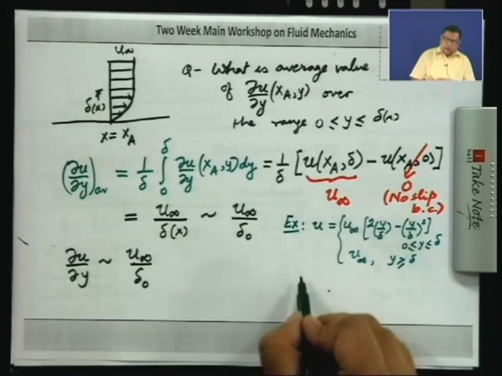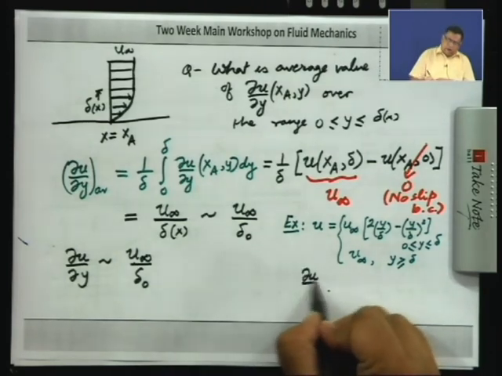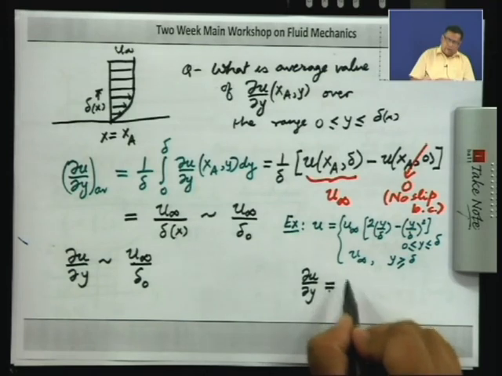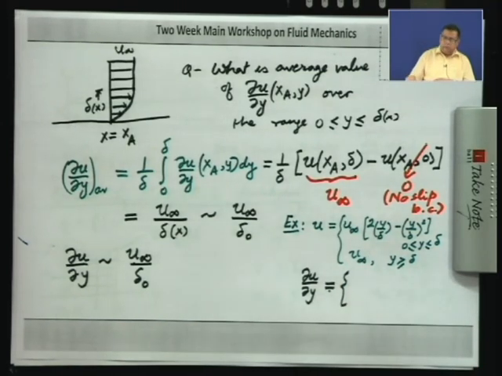Now, from here we showed yesterday that del u del y you can get by differentiating each of these functions which define the values of u in these two ranges.